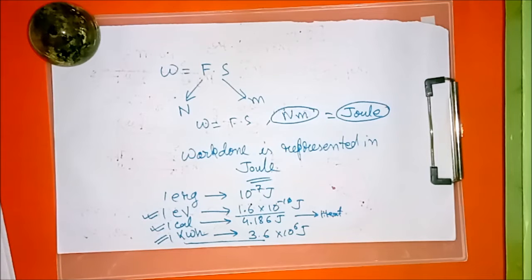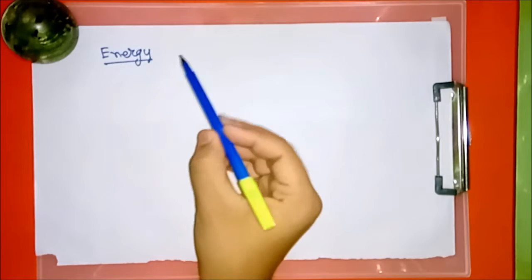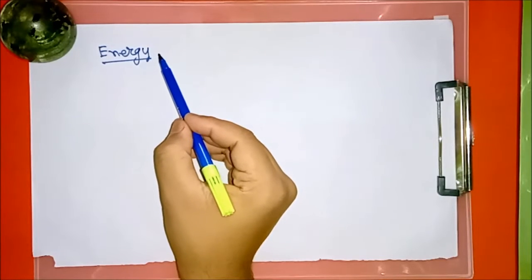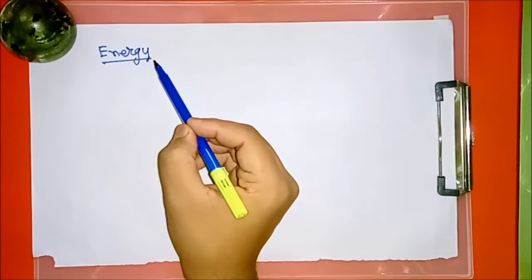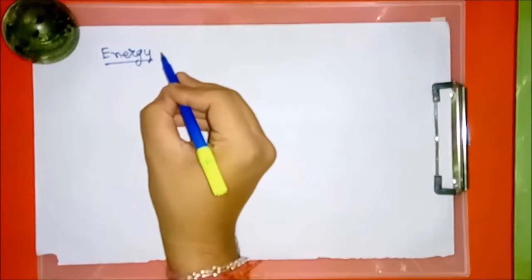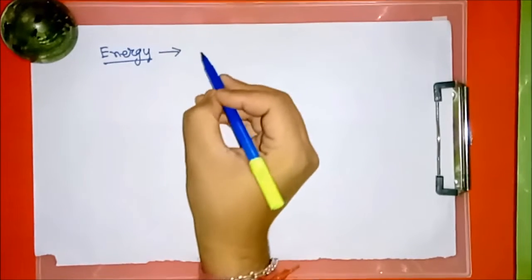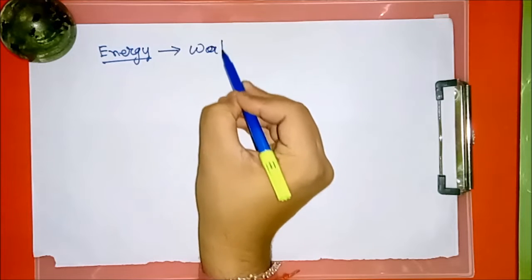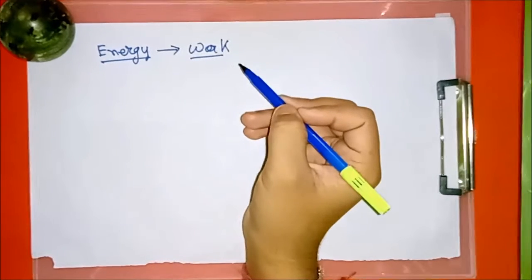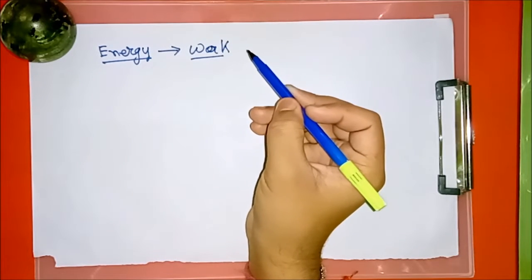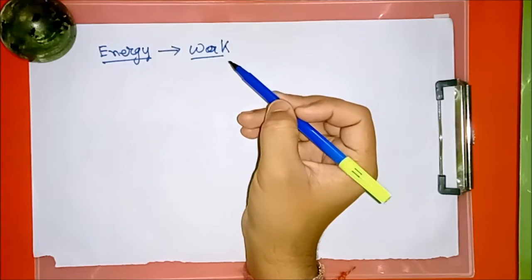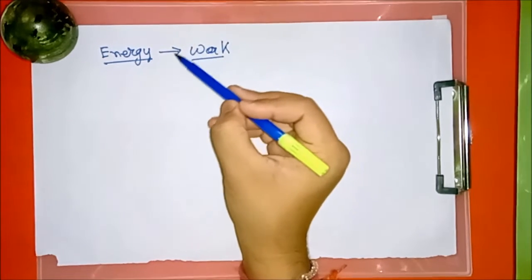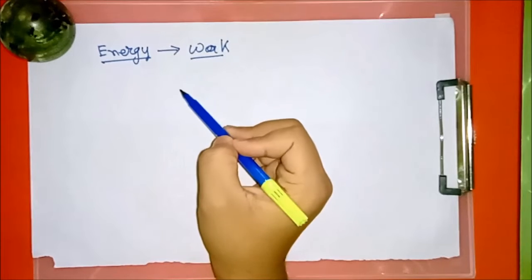So let's proceed further. What is energy? What are the types of energy? And what is the basic unit and use of energy? Energy is the basic requirement to do work. Without energy, no work is possible. So it is quite common to be curious about the similarity between energy and work.